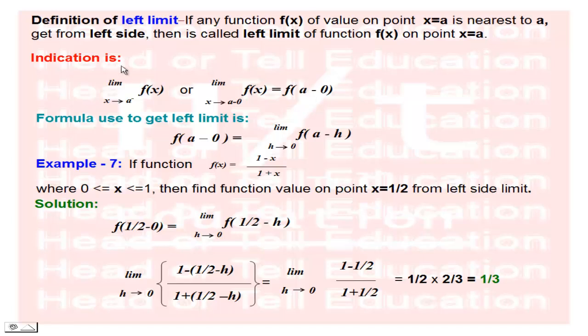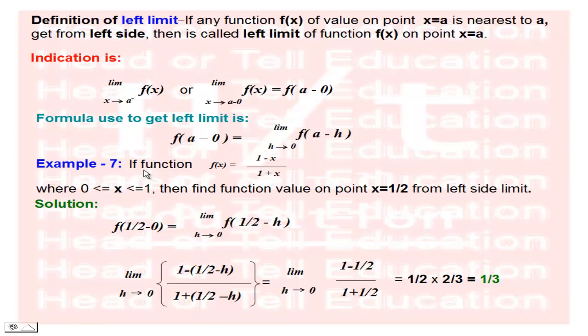The notation is limit x tends to a minus of f(x), or we write limit x tends to a minus 0 of f(x) equals f(a minus 0). The formula used to get the left limit is f(a minus 0) equals the limit as h tends to 0 of f(a minus h).